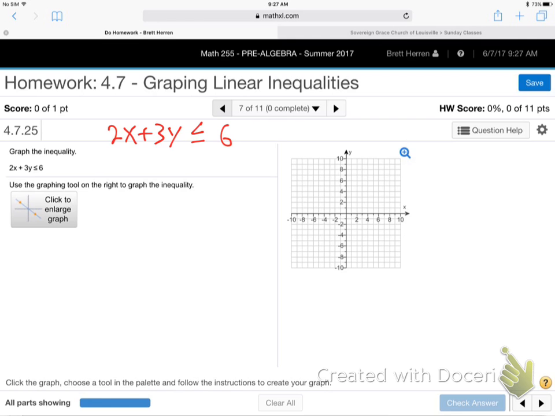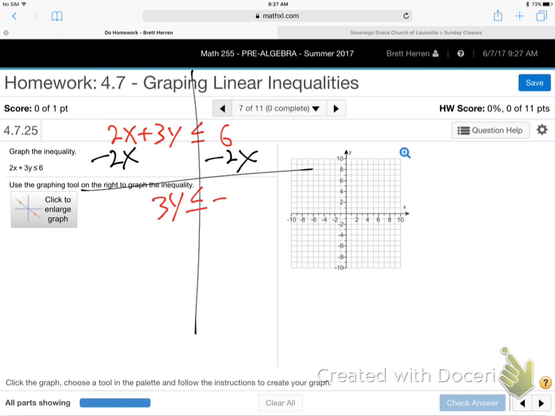So y is saying I want to be alone. Subtract the 2x on both sides. Here's the wall. Final step is divide by that 3. So what do we got? y equals minus 2/3 x plus 2.